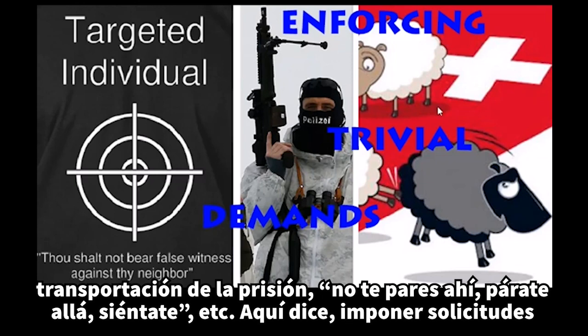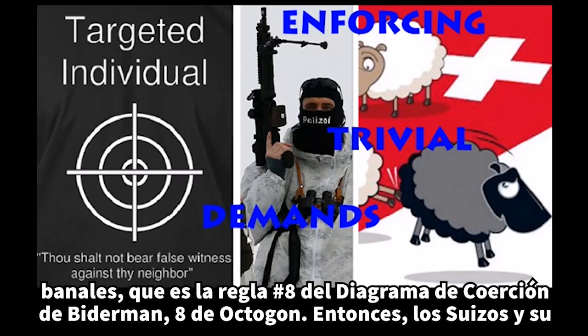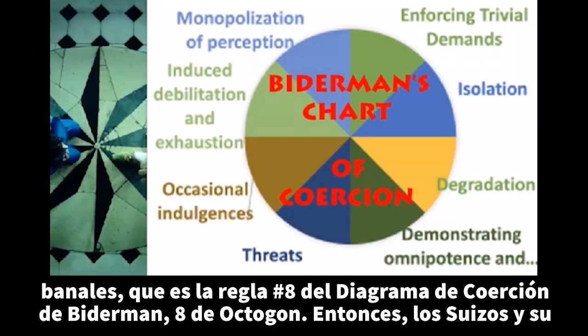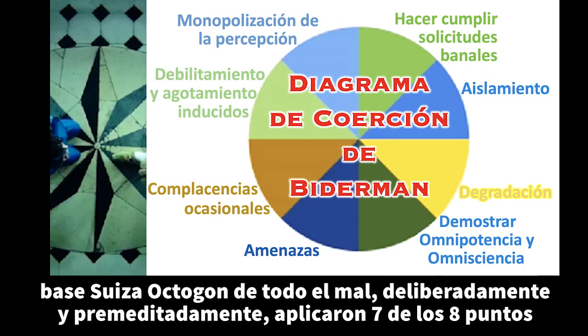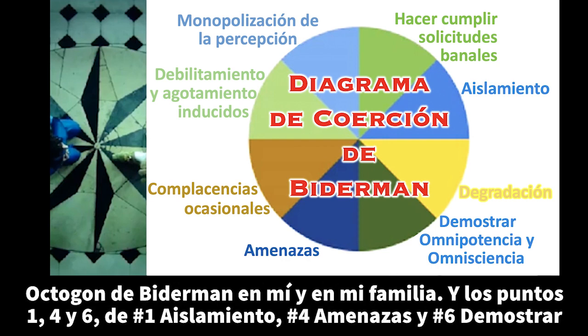So here it says, enforcing trivial demands, which is rule number 8 of Biderman's chart of coercion. There are 8 for octagon. So the Swissies and their Swiss octagon base of all evil deliberately and premeditatedly applied 7 of the 8 octagon Bidermans on me and my family.